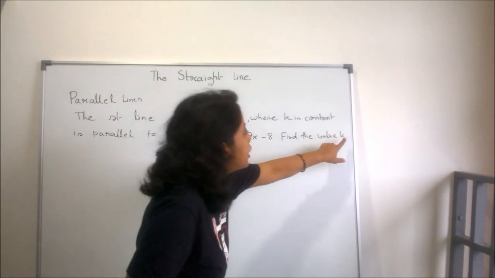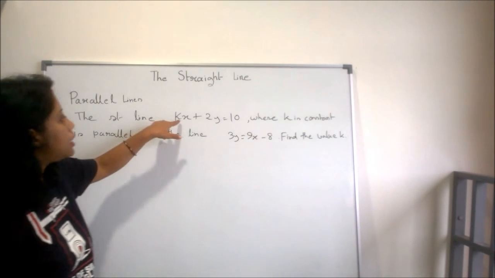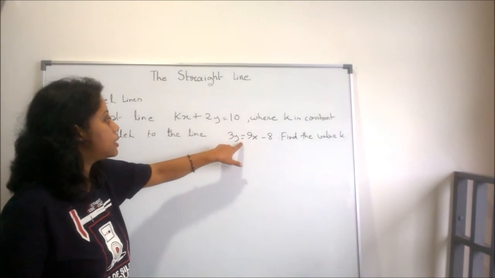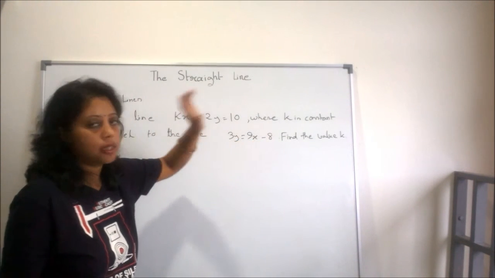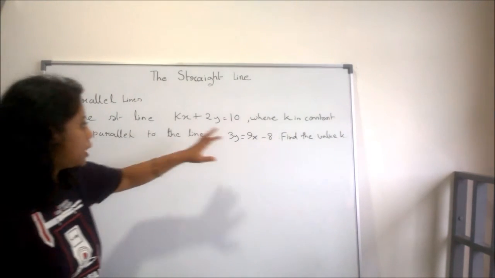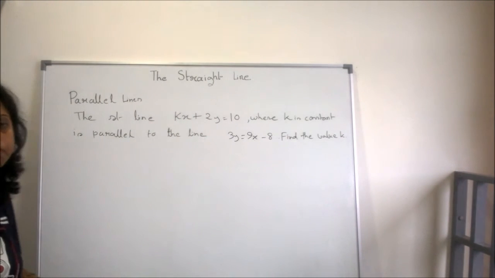Find the value of k. So two straight lines are given. One is kx plus 2y is equal to 10, and another is 3y is equal to 9x minus 8. These two straight lines are parallel. We have to find out the value of k. Do you understand this problem?